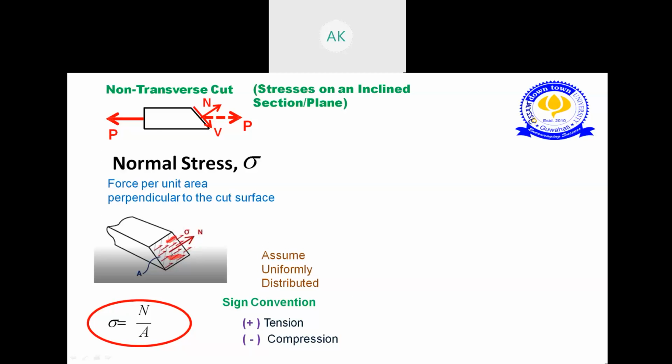So here also the stress will be 50 kilonewton. Again here the stress will be 50 kilonewton. So uniformly distributed means all over the area the stress will be the same.